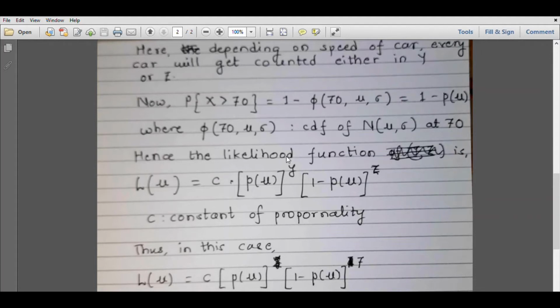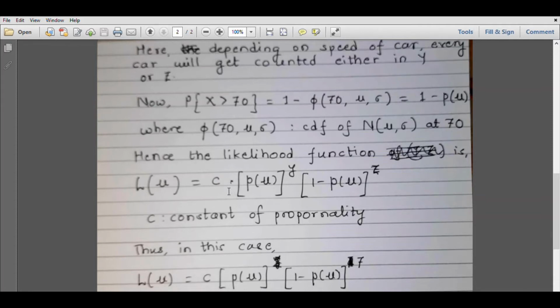Hence the likelihood function will be p(mu) raised to y into 1 minus p(mu) raised to z, where z is nothing but the total number of cars observed minus y. In this case, you can easily guess the constant of proportionality.